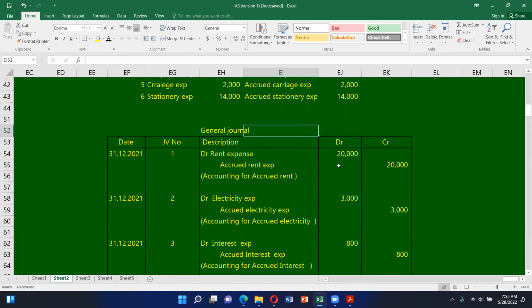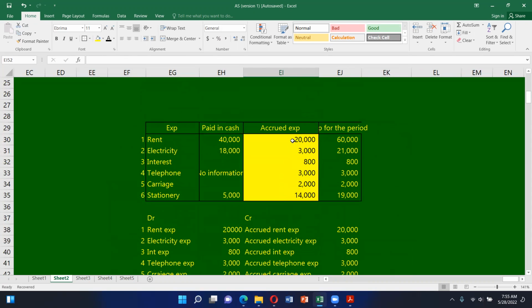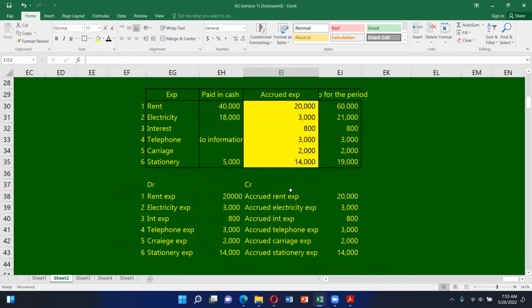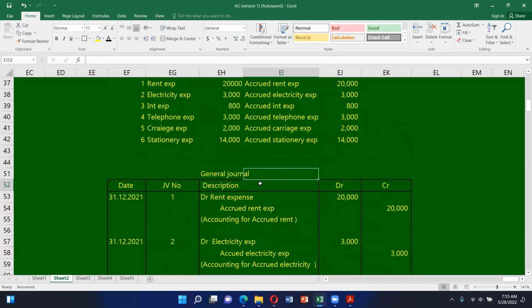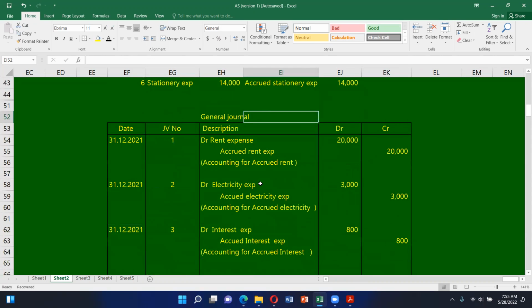So rent expense debit, අපි මෙතන adjust කරන්නේ මේ accrued expense තියෙන එක ටික විතරයි හරි. Because cash one's already passed. So rent expense debit, accrued rent credit. Electricity expense debit, accrued electricity expense credit.